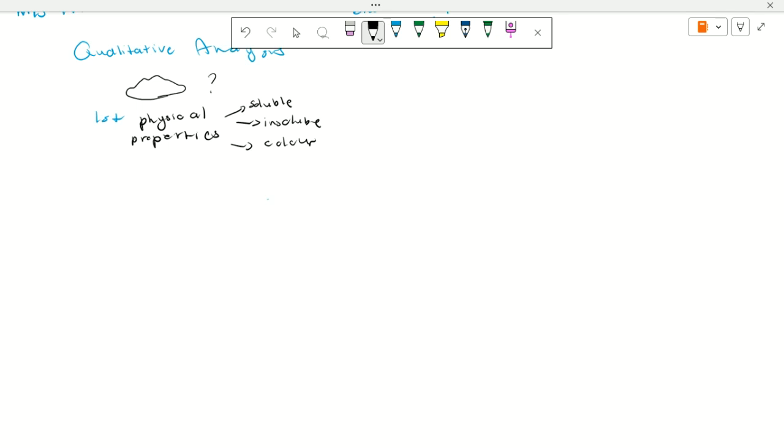If it's insoluble, you can guess. It's not 100% one type of salt, but you can take a closer guess. And then the color. If it's blue, it must be copper. If it's green, it must contain the Fe2+ ion. If it's brown, it's Fe3+, and so on. So we're going to be looking at the color first.